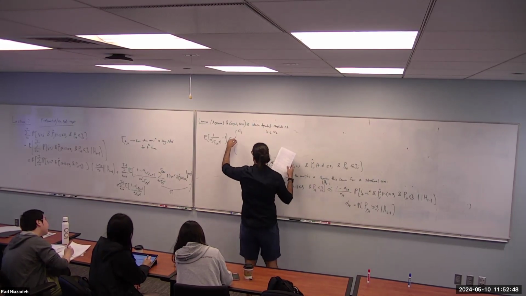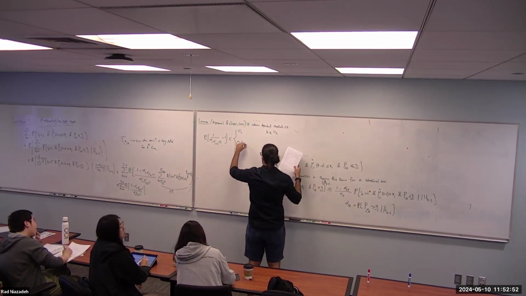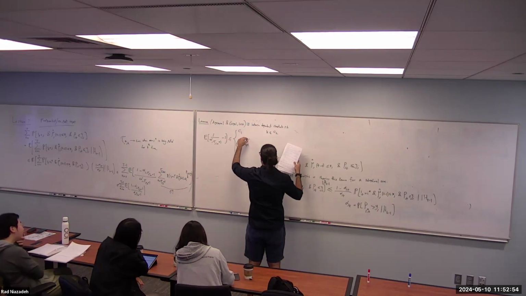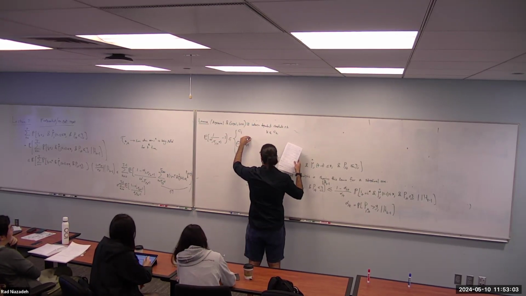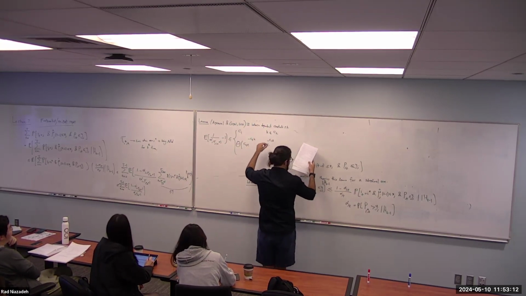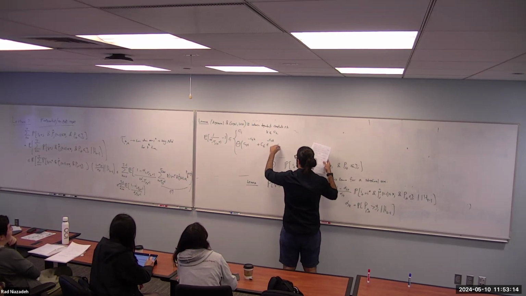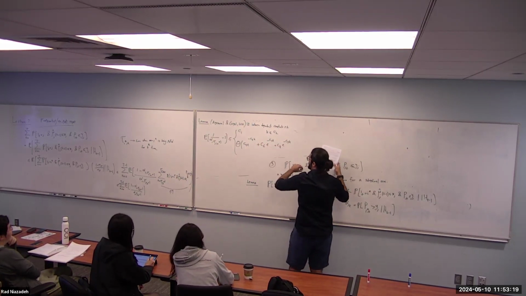And then it's going to be, up to lower order terms, something like C4 e to the power minus C5 times k plus C6 e to the minus C7 k plus C8 e to the minus C9 k.